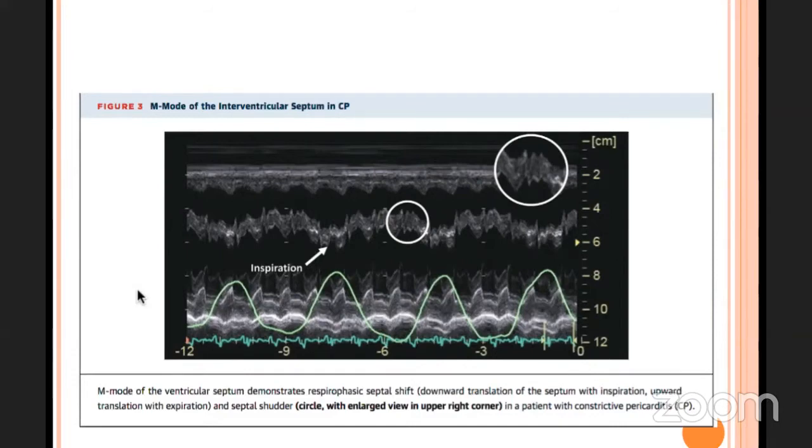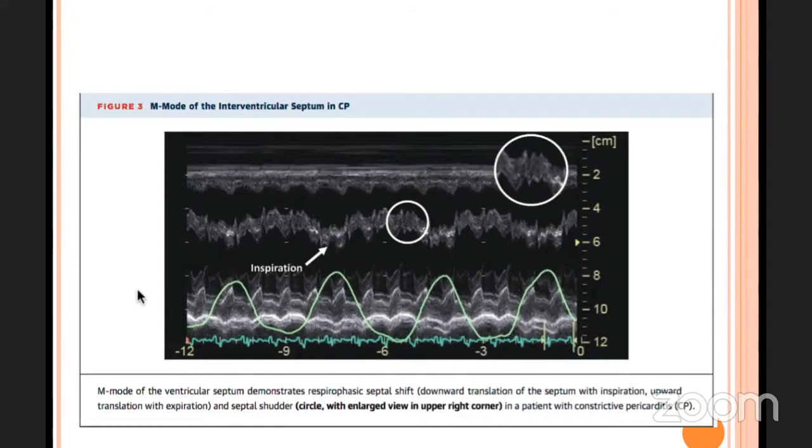But then you need to have a respirometer. Usually what we apply is a nasal respirometer. During inspiration, the RV cavity size is increasing at the expense of the LV cavity, and the reverse happens in expiration. You can see it there in the last one, where the RV cavity is becoming less and the LV cavity is becoming more.